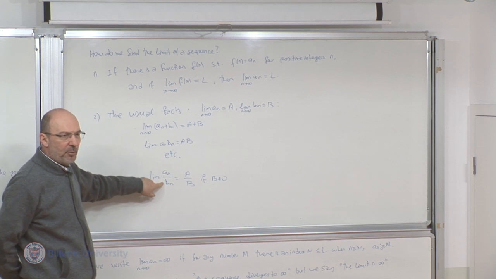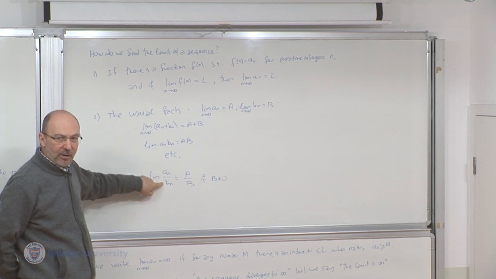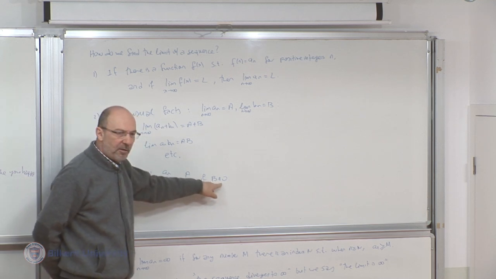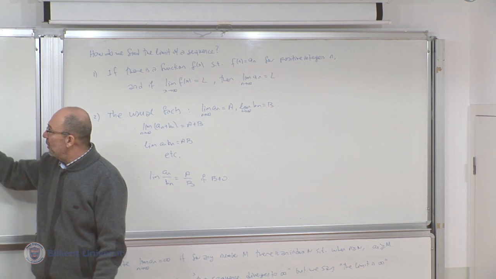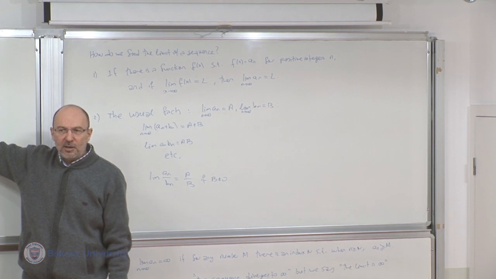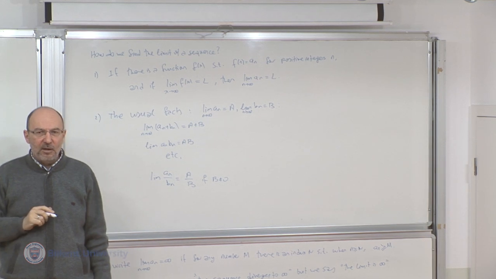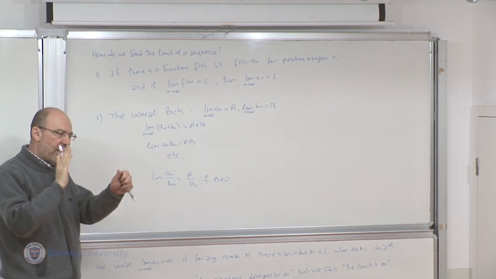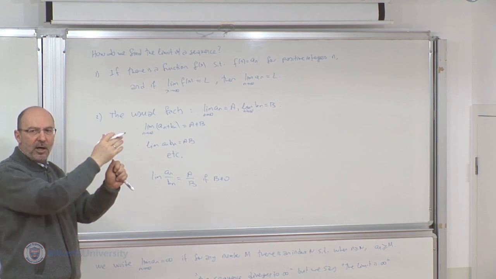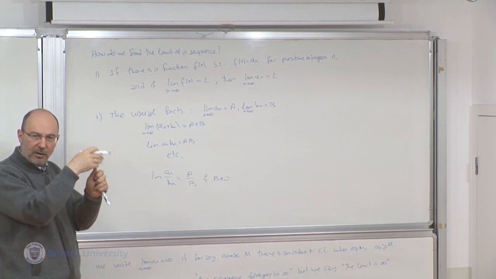So a n over b n is not defined when b n is 0. But if the limit of b n's is b, and b is different than 0, the limit tells me that from some index on, b n's will be close to b. Since b is different than 0, from some point on, all b n's are different than 0. They are approaching a non-zero number, so from some index on, they are all non-zero. They are around this b.